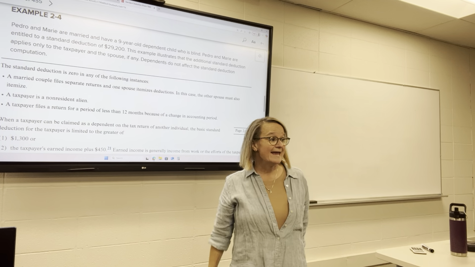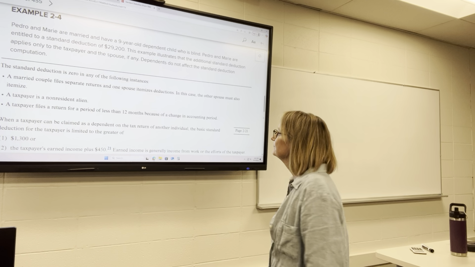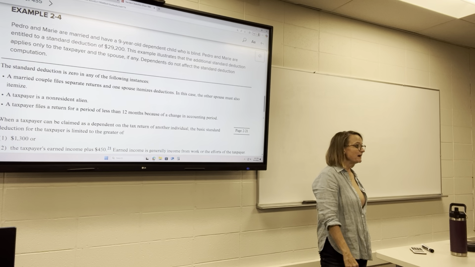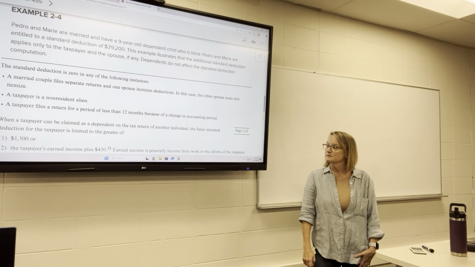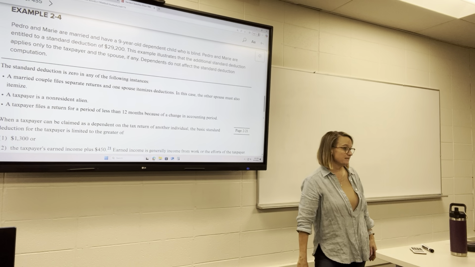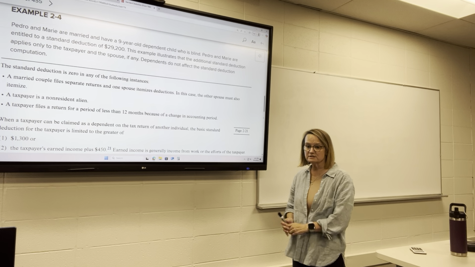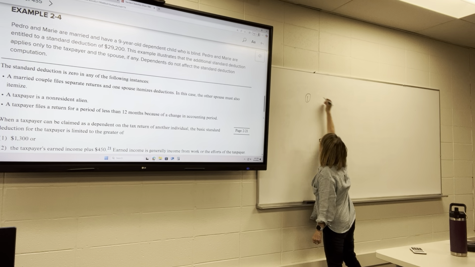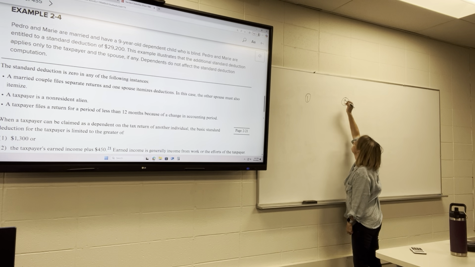Standard deduction can be 0 if a married couple is filing separate returns and one spouse itemizes. Then both spouses have to itemize. The reason for that, let me show you. So we've got spouse 1 and spouse 2.